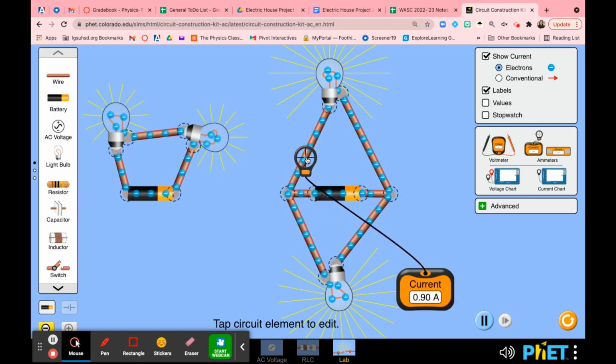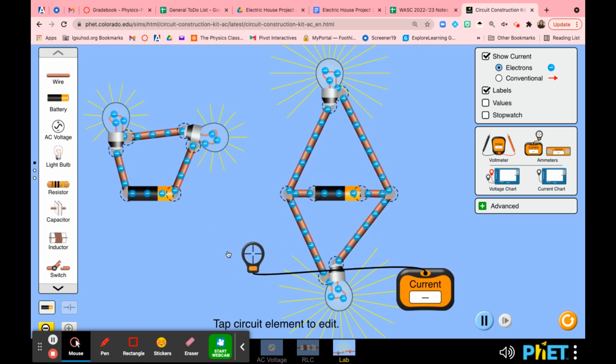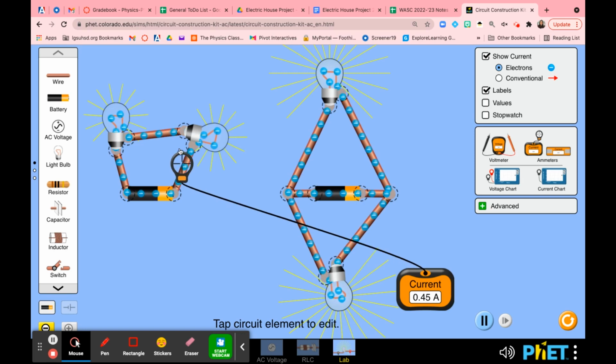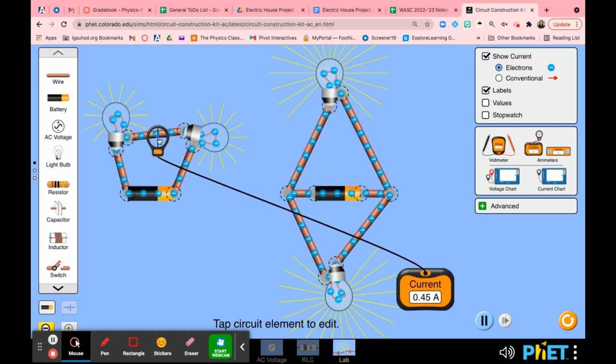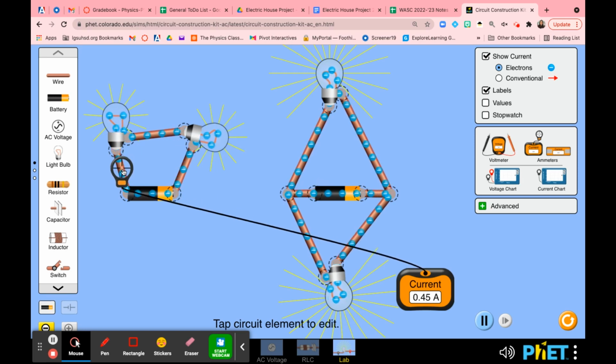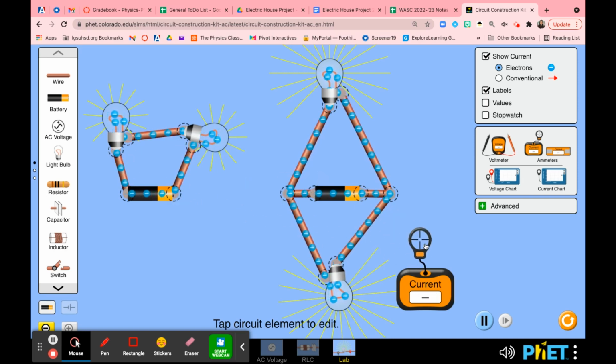You want to think about it as it flows from one wire into the bulb and out of the bulb, and same for the other bulb. So you're going to compare and contrast all these different currents, and as I'm showing you, you can notice the difference. You're going to do the same for a series circuit and notice the current in each of the different wires, how they change or don't change.